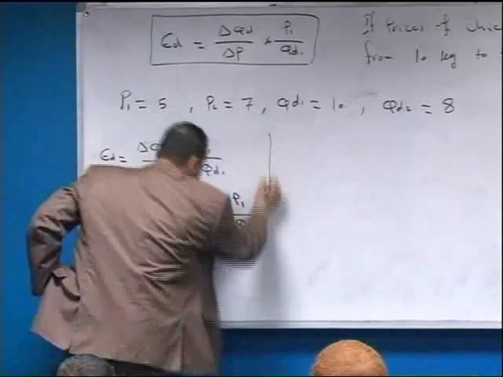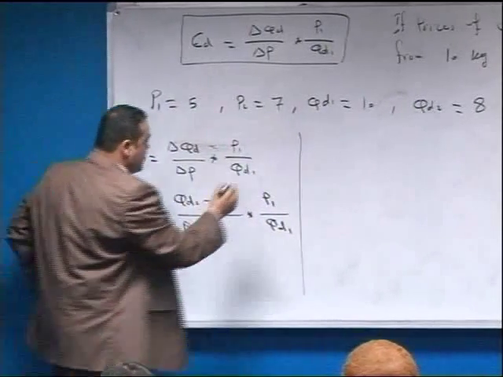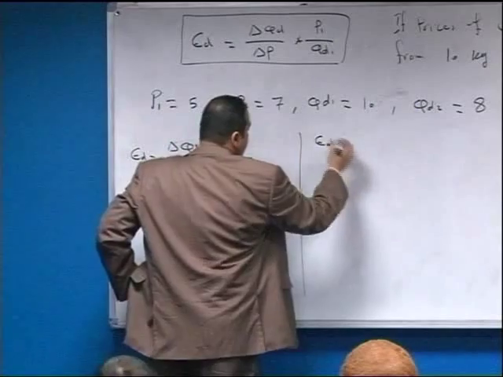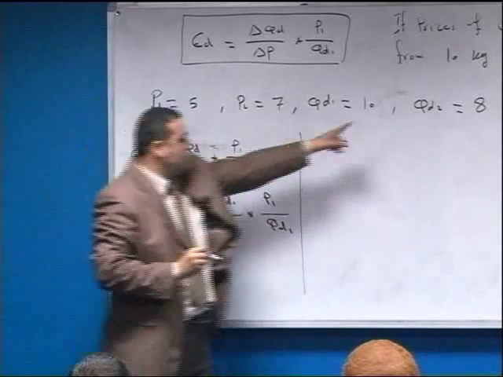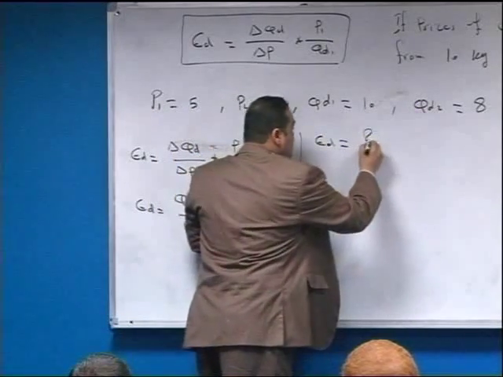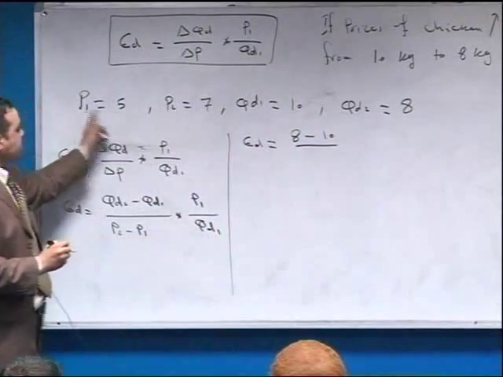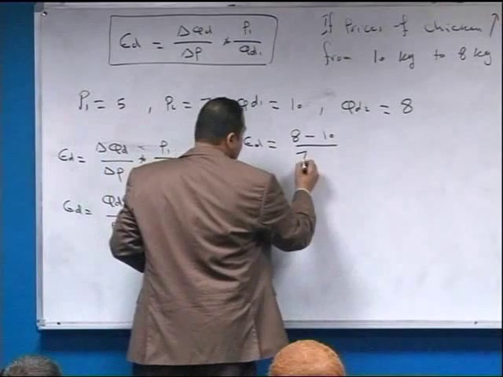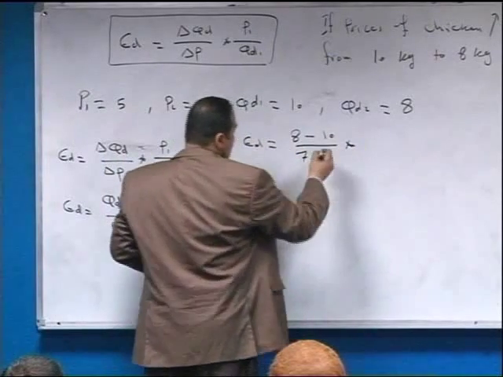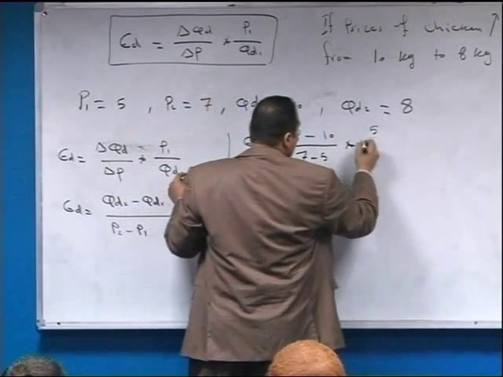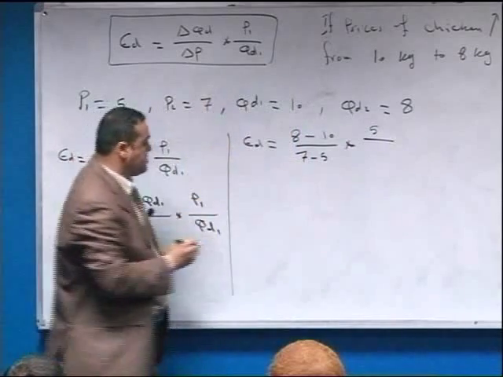So ED equals QD2 8 minus 10 over P2 minus P1 7 minus 5 times P1 5 over QD1 10.